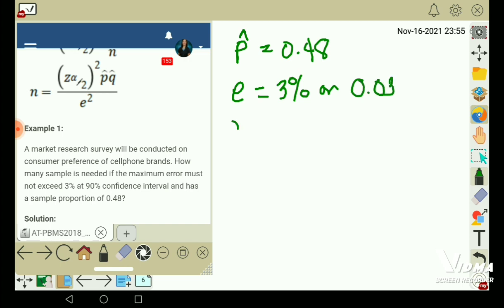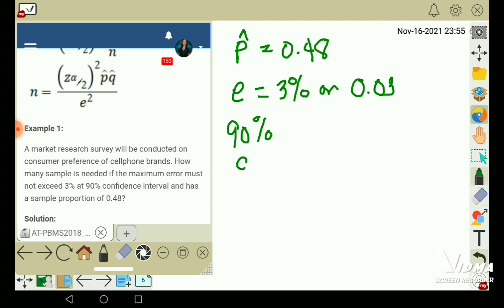Okay, and 90% confidence interval. Take note that your z sub alpha will depend on that. It is determined by your alpha. Okay, 90% determines your alpha.